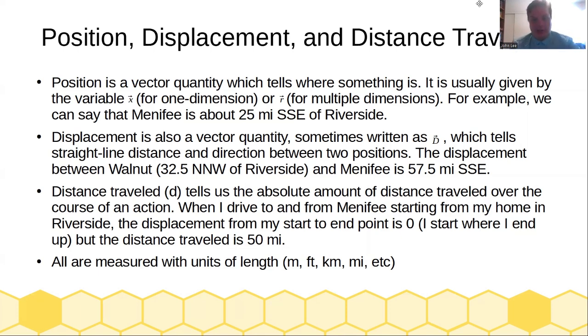I start where I end up in my driveway, but the distance traveled is 50 miles. All of these are measured with units of length: meters, feet, kilometers, miles, etc. But displacement and position are vectors, whereas distance traveled is a scalar. And just to give you an idea of what a meter is, it's about 3.2 feet.